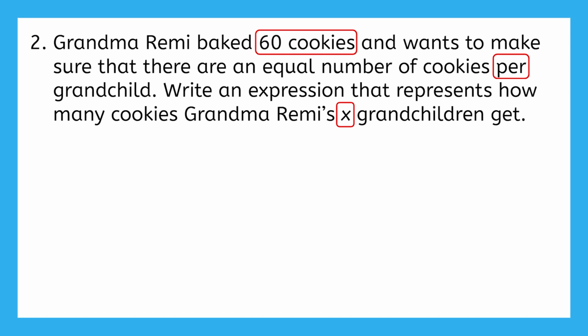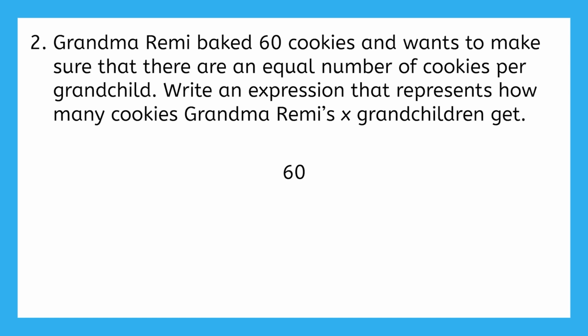All right, so I know that my algebraic expression is going to have the constant 60 somewhere in it. But what else? Well, let's think about this situation in real life. If you baked cookies and you want to share them equally with people, how would you figure out how many each person gets?